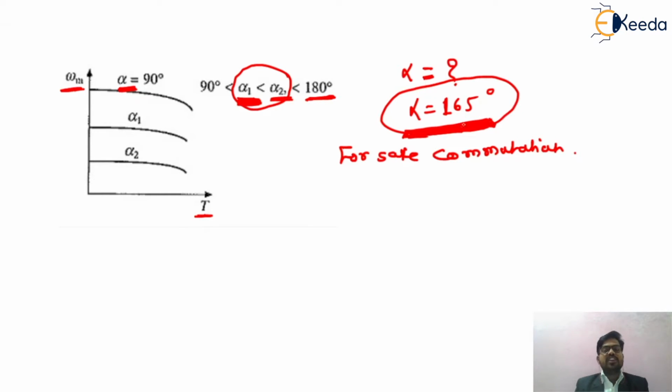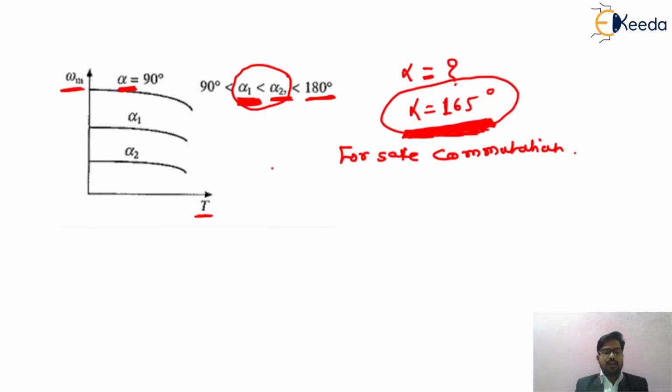By changing the value of alpha, we can get the speed control for the required range by changing the firing angle. Means if we change the firing angle of the inverter circuit between 90 degree and 165 degree, we get different values of speed.